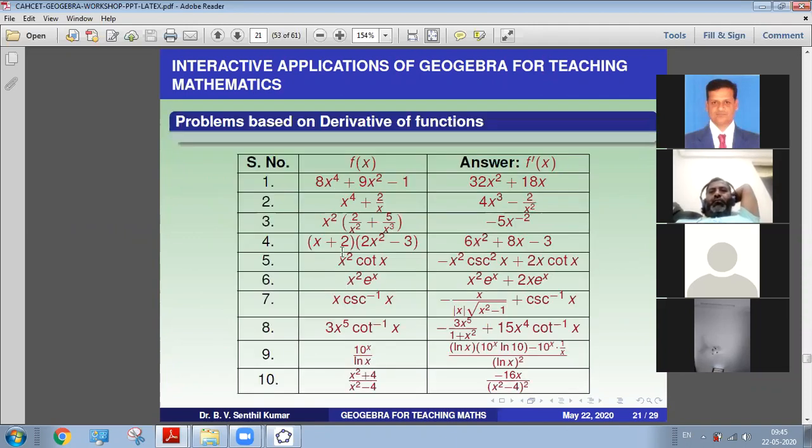We can also find problems based on the derivative of a function. Suppose you have a function 8x power 4 plus 9x squared minus 1. If you want to find the derivative of this function, just first type f of x equal to this function, then just press f dash of x in the input bar.